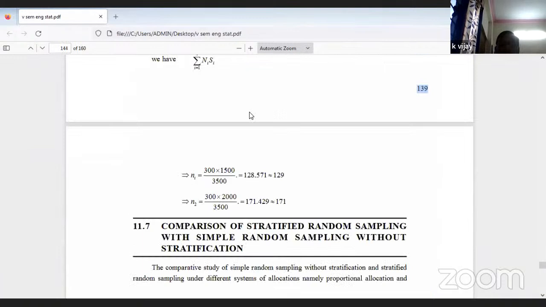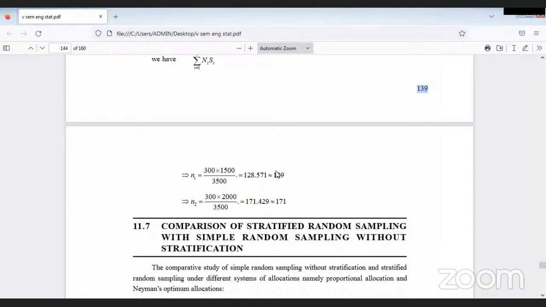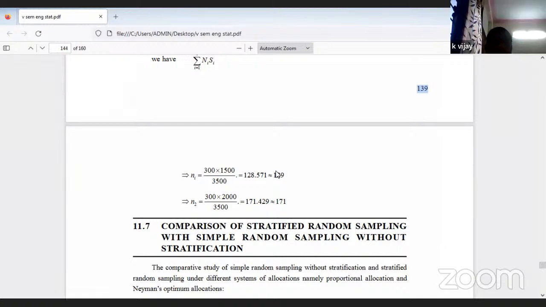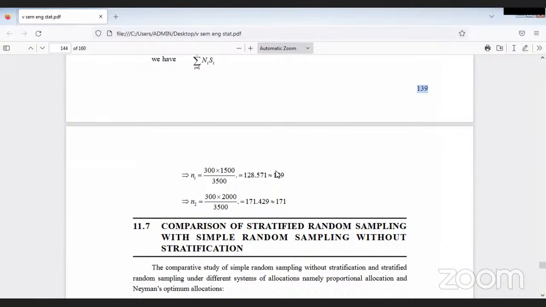So calculate the value, check if it is correct or not. Correct, sir. Then N2. Correct, sir. Answer. So this is the values one.